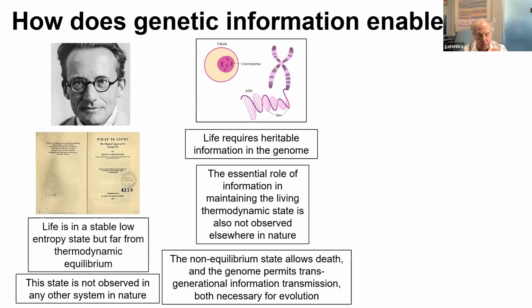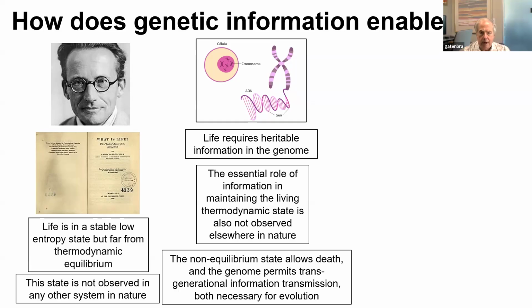So two of the three necessary components of evolution are part of this. One is that the genome permits transgenerational transfer of information, and the non-equilibrium state permits death, which is necessary for evolutionary selection.